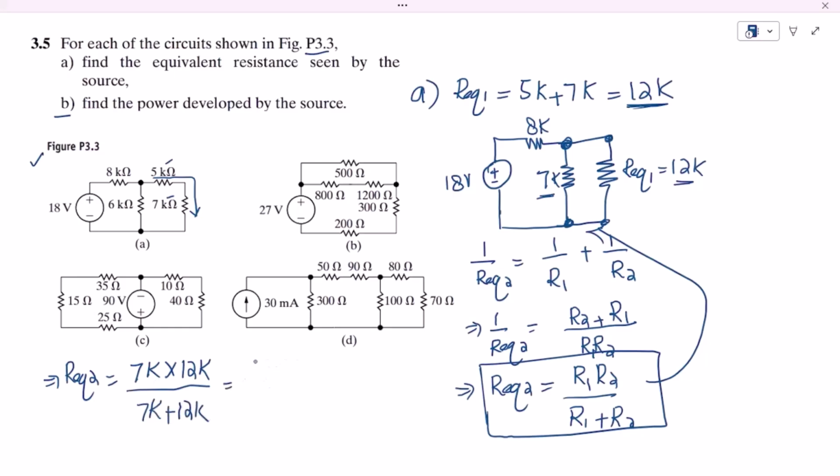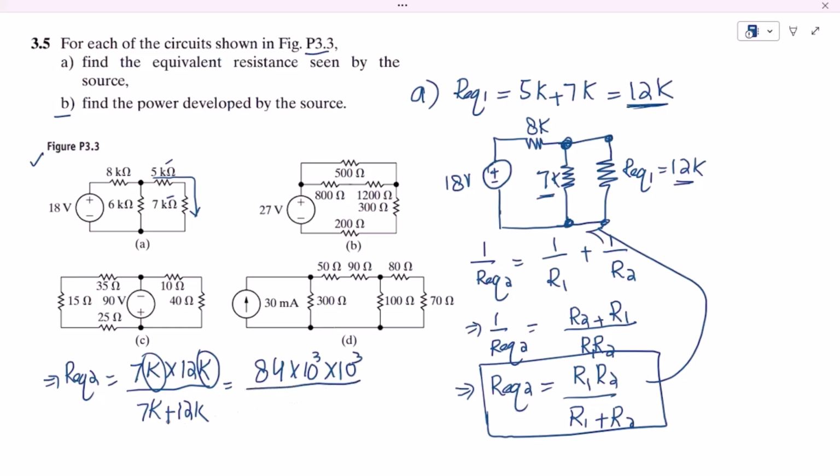So 7 multiplied by 12 is 84 into 10 raised to power 3 into 10 raised to power 3. The K will remain the same here and it will be 10 raised to power 6, but I am keeping them as they are. You will see why I have done it in the next step.